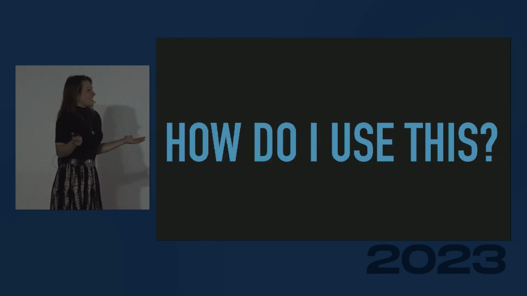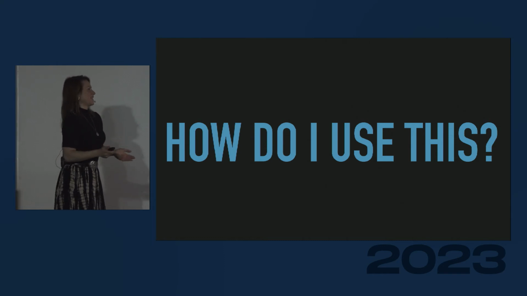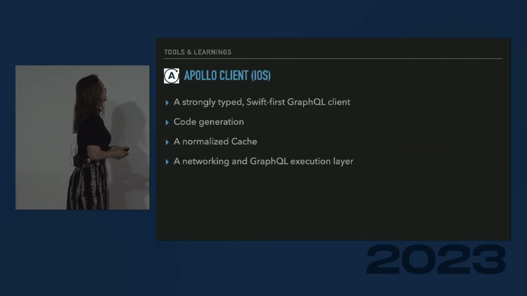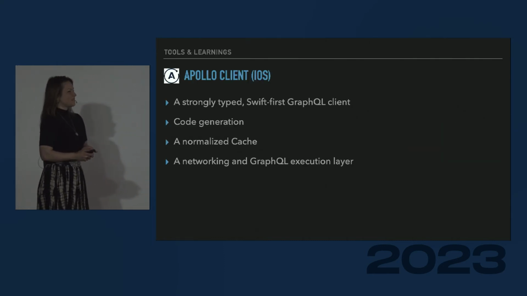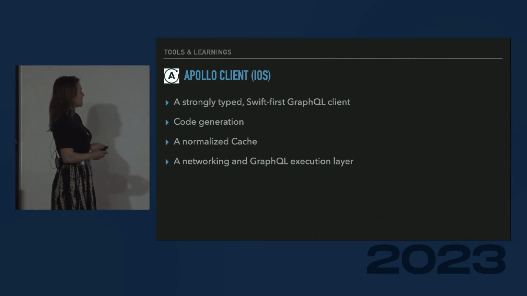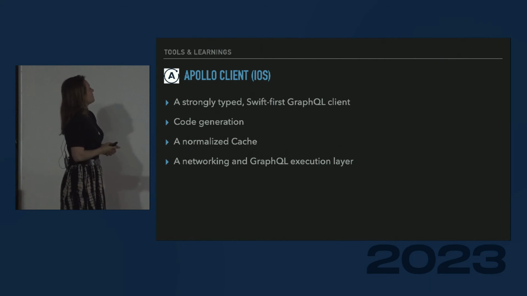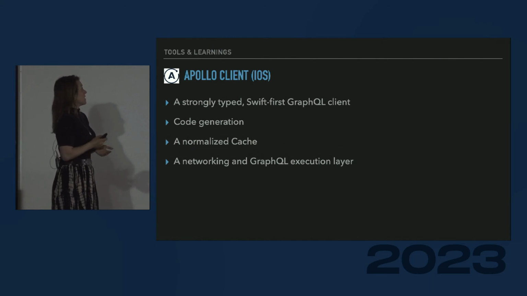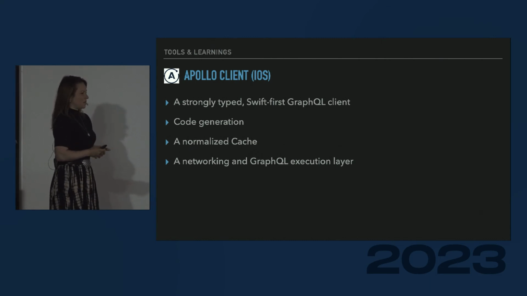But you're asking me, how can I use this? Glad you're asking. Apollo Client is something that you probably will not get past if you look for GraphQL and iOS. You could use it without it, but it's a really great Swift-first GraphQL client, and it gives you a lot out of the box.